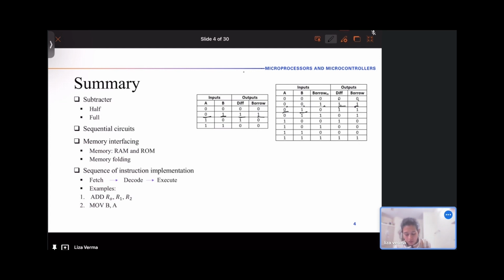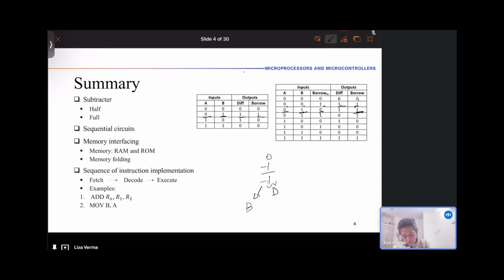What is the output? 1, right? And there's a borrow of 1 also, because 1 minus 0 will be difference of 1 again, right? Output of 0 minus 1 is minus 1, which means there's a difference of 1 and there's a borrow of 1 as well.